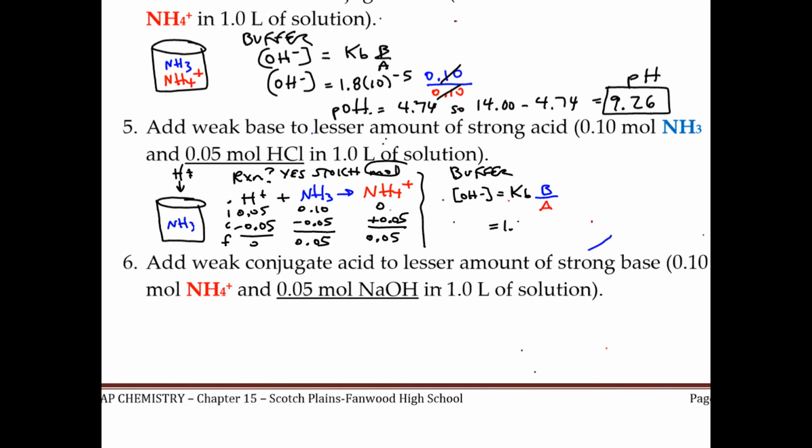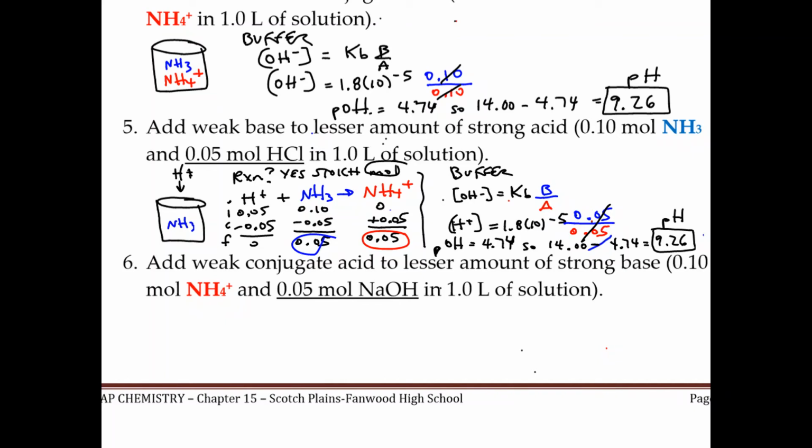So 1.8 times 10 to the minus fifth, and this is going to be a 0.05 for the base over 0.05 for the acid, which they're going to just divide out, and that's going to be the OH minus, and then the pOH is the negative log of that, which equals 4.74. So 14 minus that is going to be 9.26. That's the final pH.